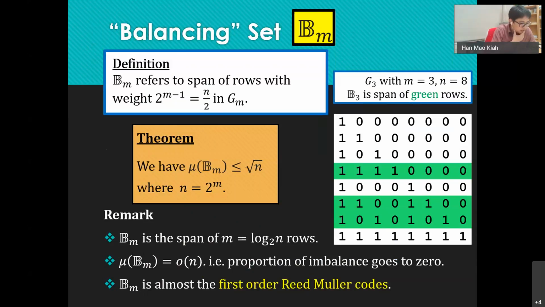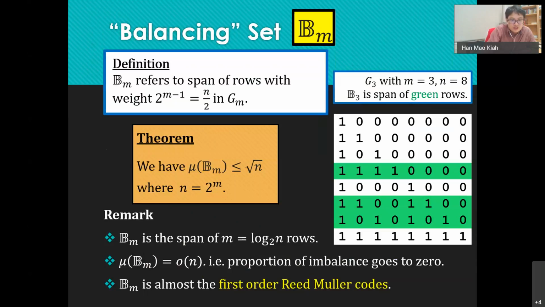Let me make some little remarks. First, this is a property of the polar matrix. For BM, the size is M. In other words, BM is always a span of M rows. So in this case, we have 3 rows, which is simply log n.